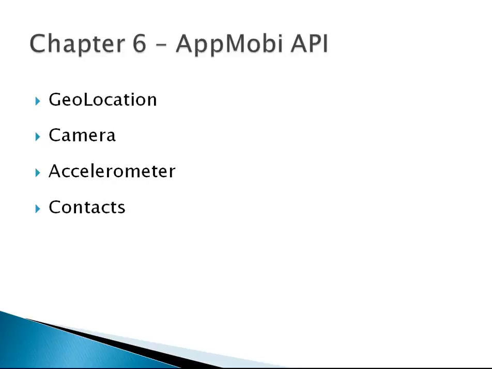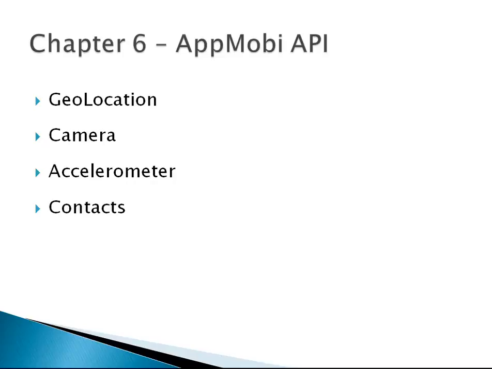And we'll also look at the AppMobi APIs. Intel XDK was actually first known as AppMobi, so it uses AppMobi in the APIs and in the methods. And we'll look at geolocation, camera, accelerometer, and contacts.